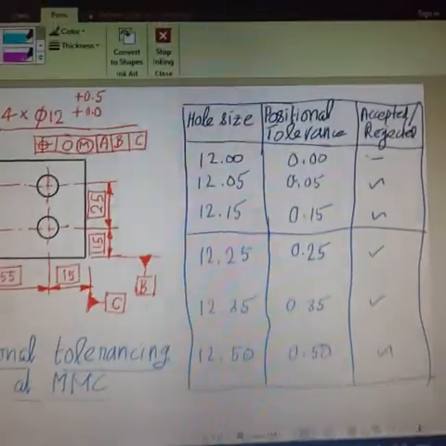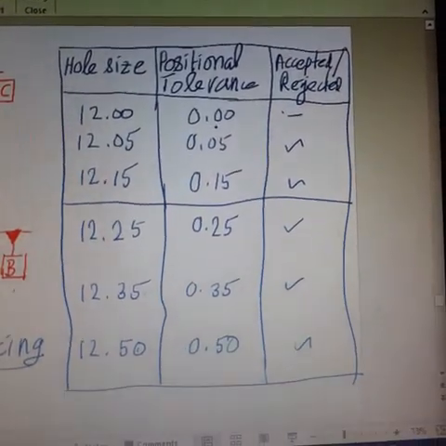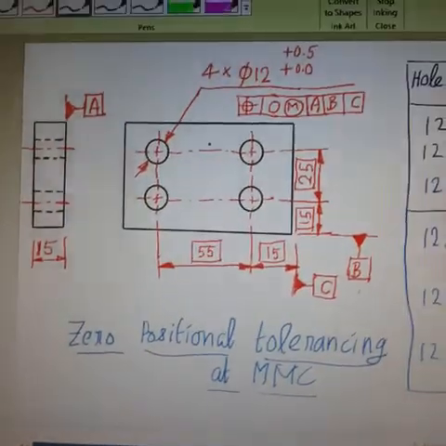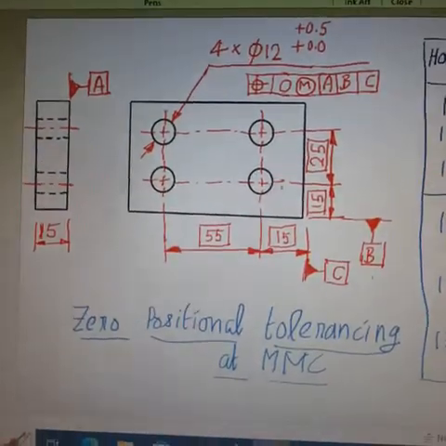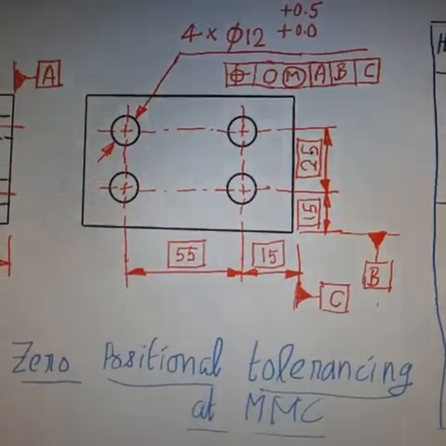But when you make a hole with a size of 12 mm, what is the applicable value of position tolerance as per the new system? 0. Can you locate the 4 holes with a center to center distance of 55 by 25 without any error in the location?